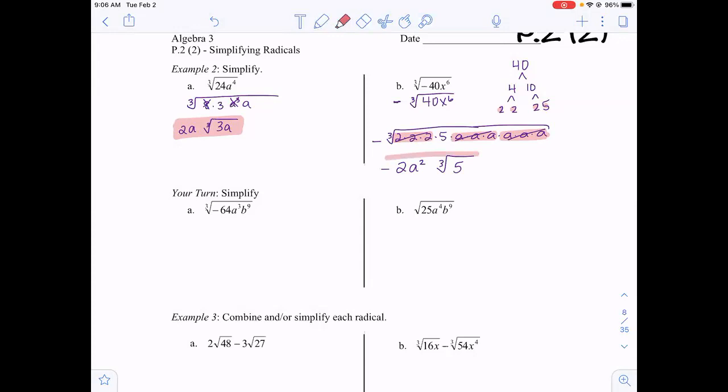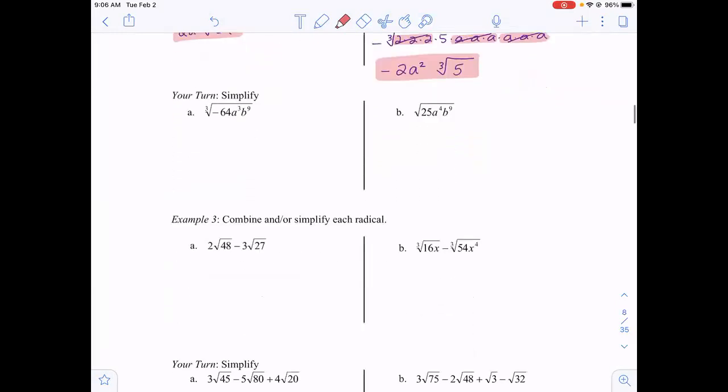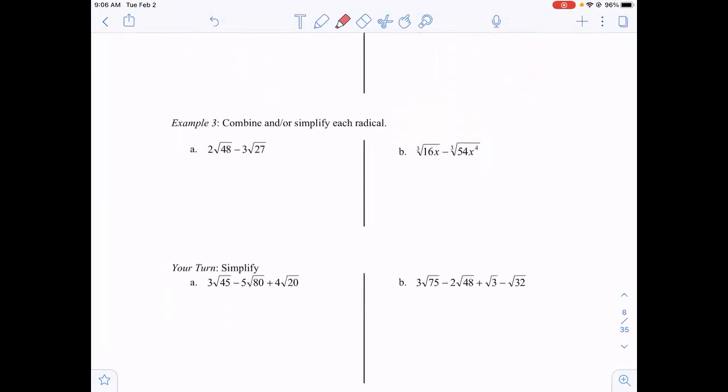Do you guys remember doing the problems like that at some point? Yeah. So I'm okay if you do that, but I'm telling you they're going to end up getting much larger. And then eventually, if you look down here at example 3, we're actually going to be combining terms. And so we have to break each of these down.